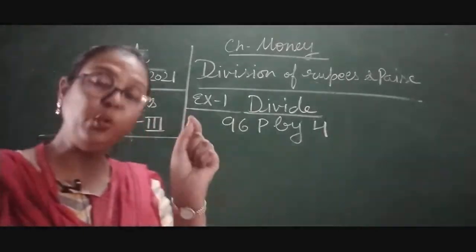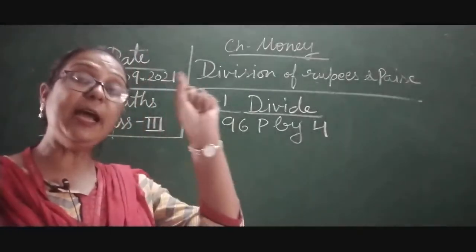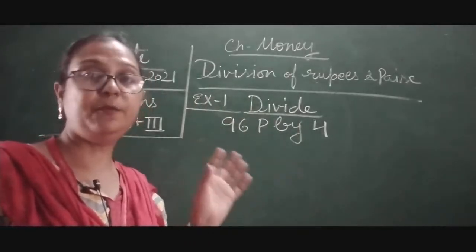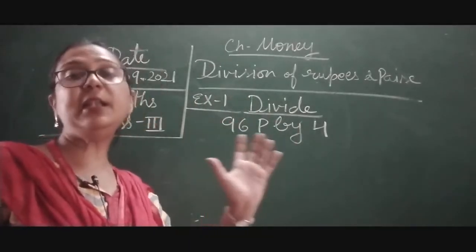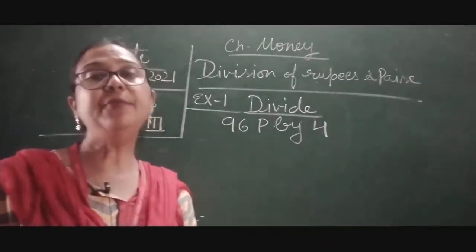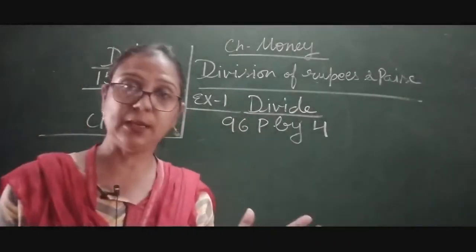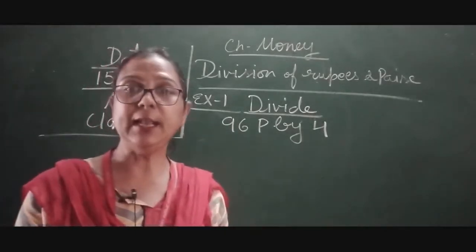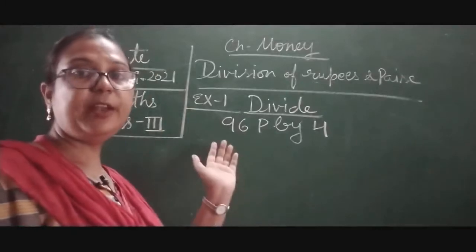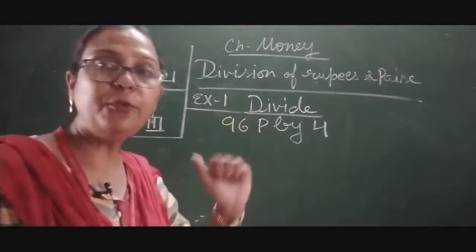The rule will be the one we followed in our previous chapter, division. The same concept will be followed over here. The only difference is we have to write in rupees and paise. That's all, nothing else. So children, let's start division of 96 paise by 4.